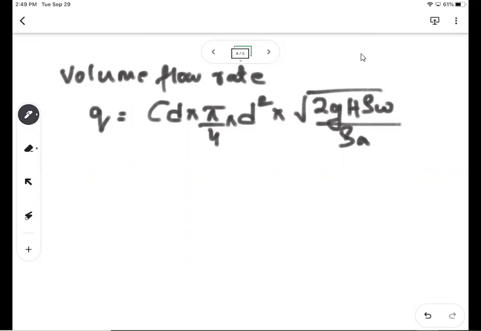Q is the volume flow rate which we can measure from the orifice meter.